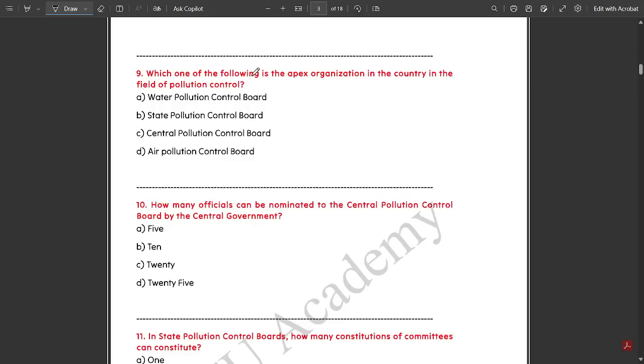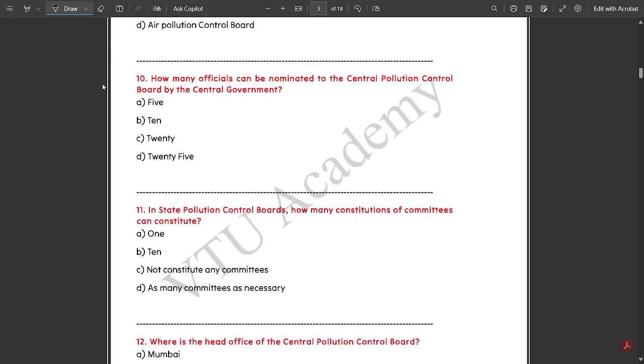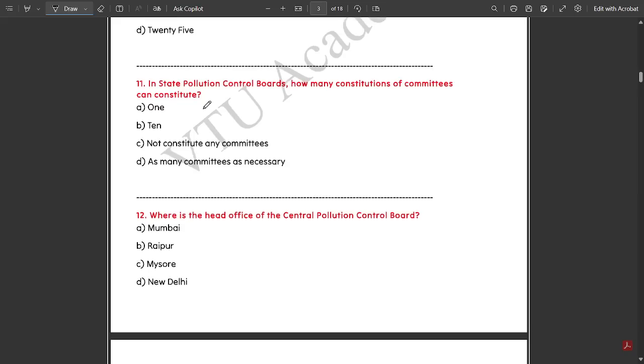Next question: which one of the following is the apex organization in the country in the field of pollution control? The answer is Central Pollution Control Board, CPCB. Next question: how many officials can be nominated to the Central Pollution Control Board by the central government? The answer is 5.